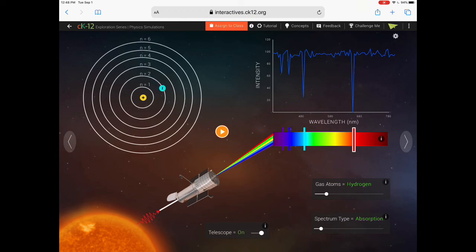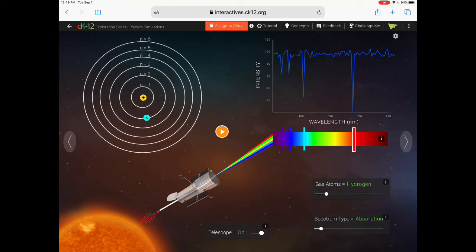Alright, so here is a little animation showing you that whatever energy an atom absorbs, it's going to release that same kind of energy. So here I've got a red wavelength on my hydrogen atom, and it's going to absorb that red energy.